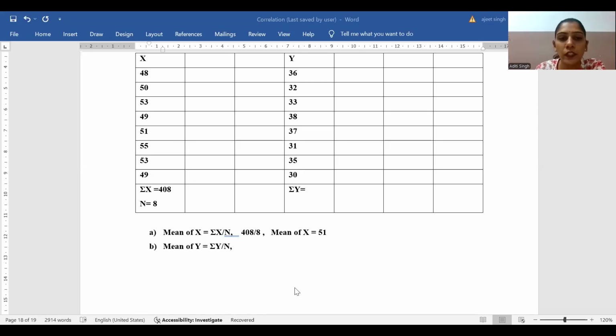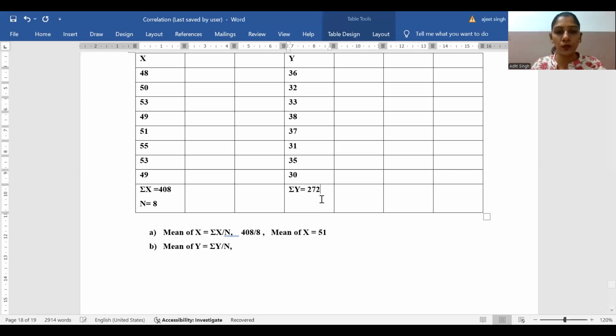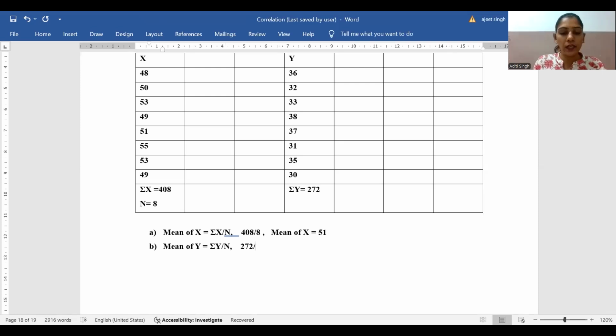This is 272, and when we divide 272 by 8, it is 34. So we can say that the mean of y is equal to 34.